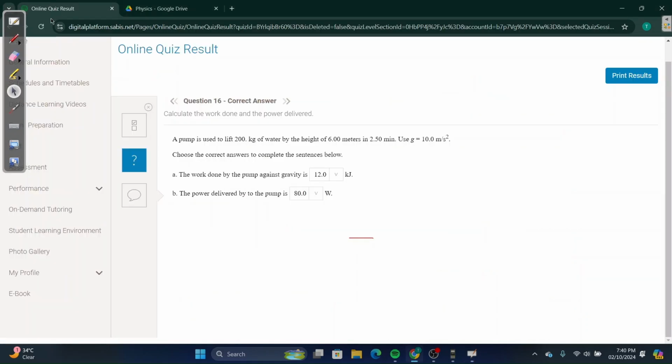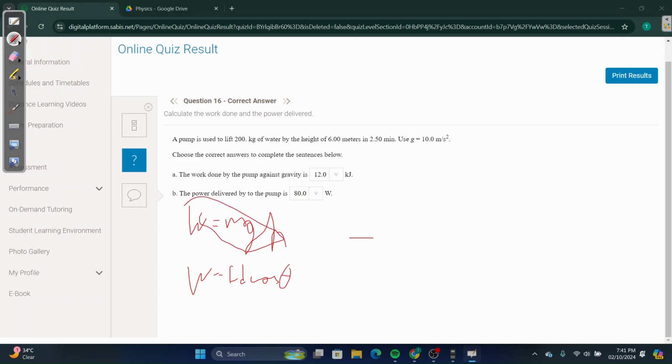Okay, I'm sorry if I overcomplicated the question. Just remember, vertical, it's gonna be mgh for work, and horizontal is gonna be FD cosine theta. So we did the first part, which came to 12 kilojoules.